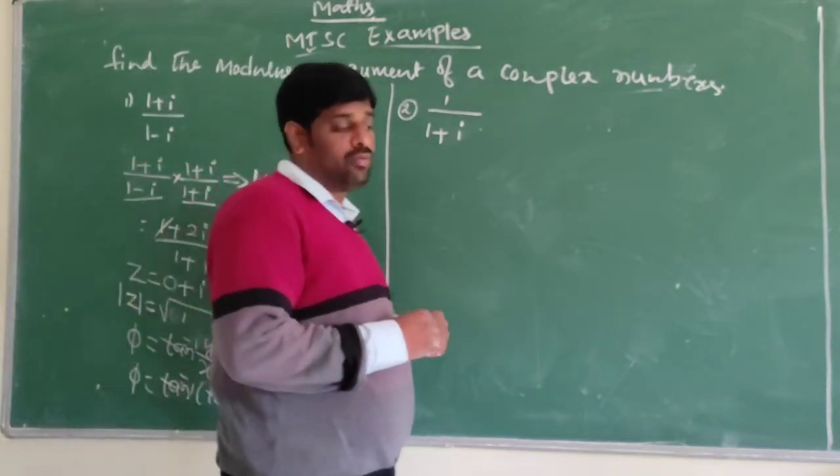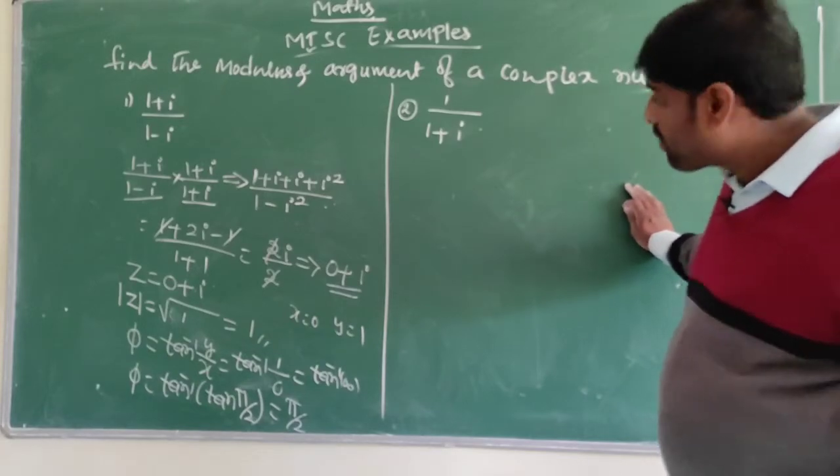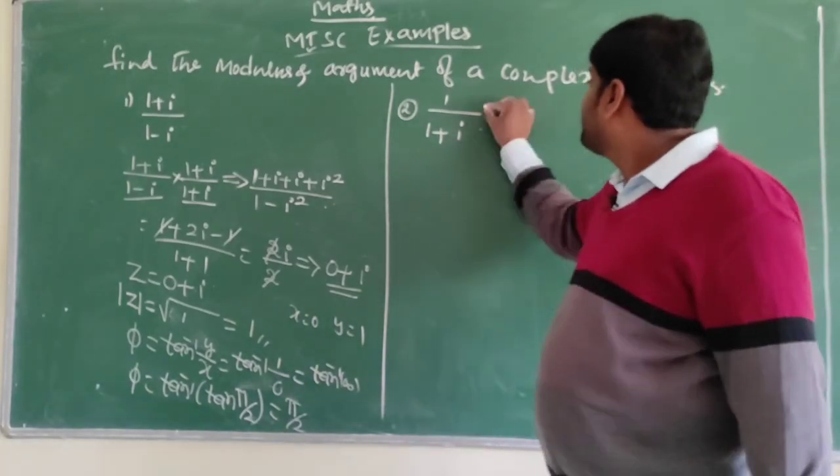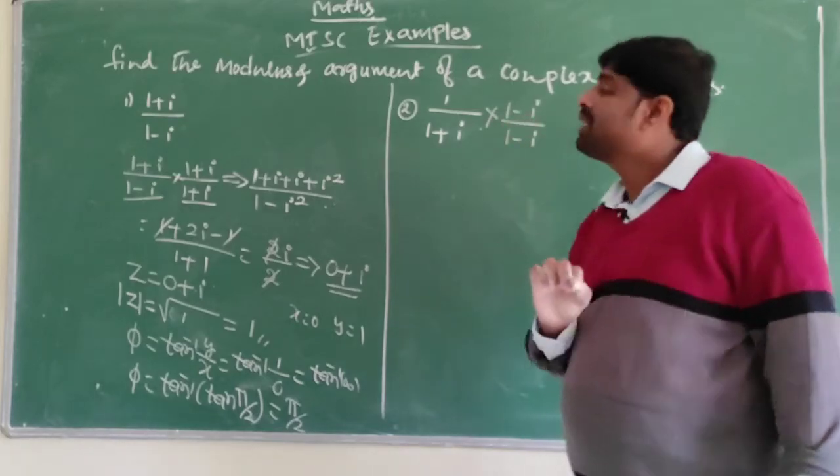Now we will move on to the next problem: 1 divided by 1 plus i, into 1 minus i divided by 1 minus i.